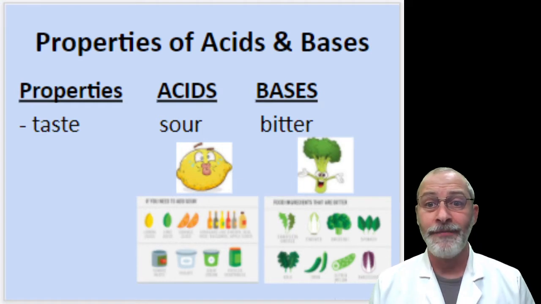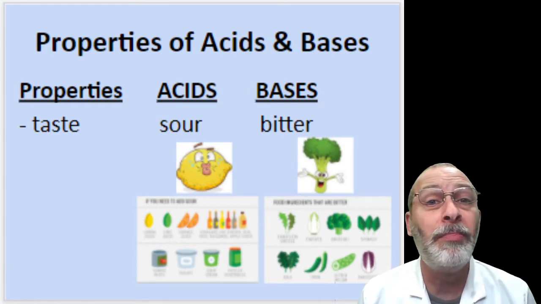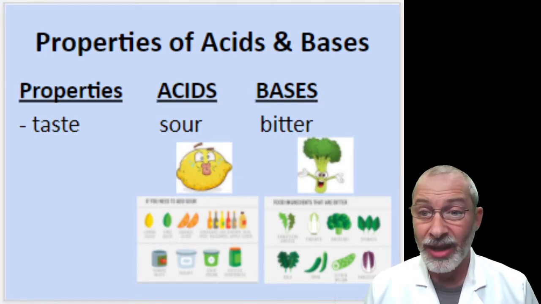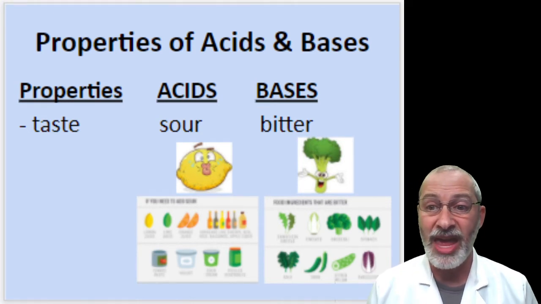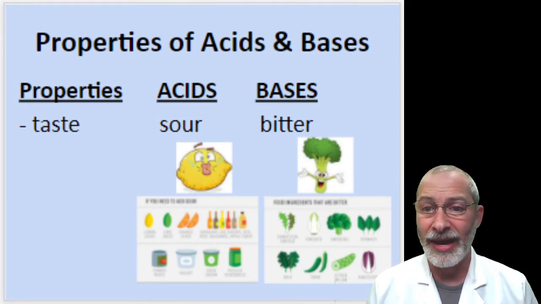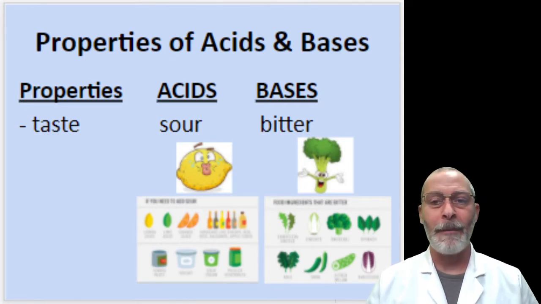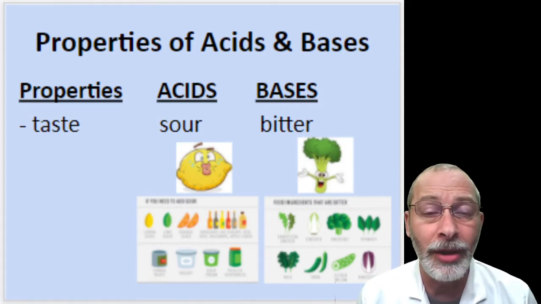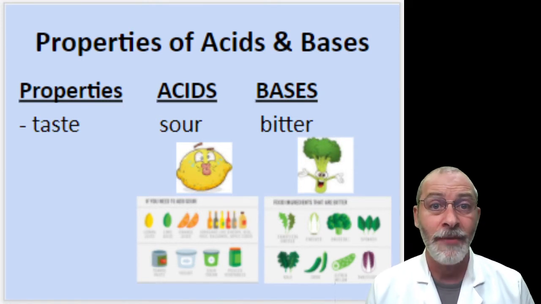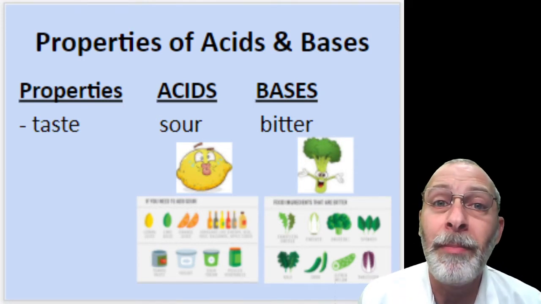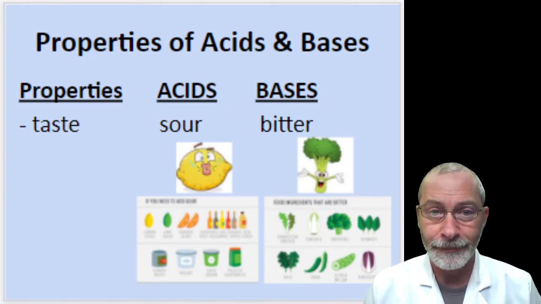And likewise, with certain foods that have a bitter flavor, like broccoli or kale or spinach, things like that are bitter, primarily because they contain chemicals which are considered basic or bases.